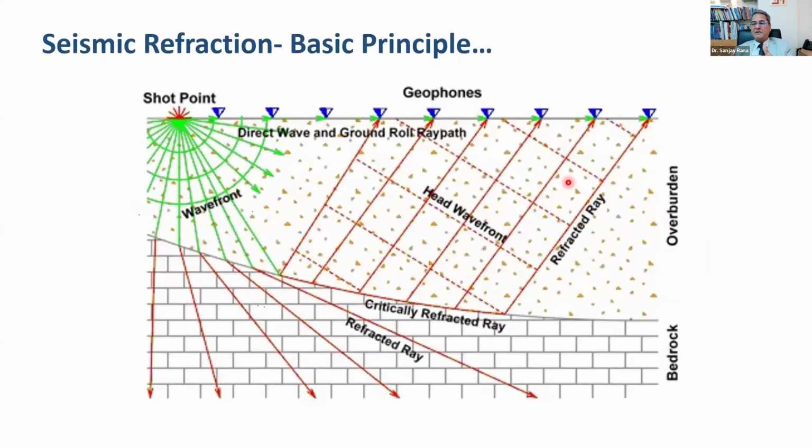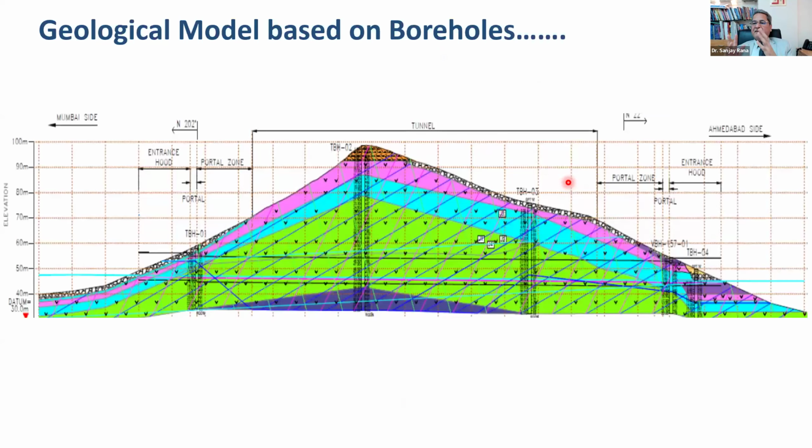So these are initial methods which are very, very strong in having a quick review of the entire area. Then you have seismic refraction tomography, which is based on the principle of seismic refraction. I'm not going into details of that, but it gives you very good information about the P-wave velocity distribution, which is directly linked to the strength of the medium.